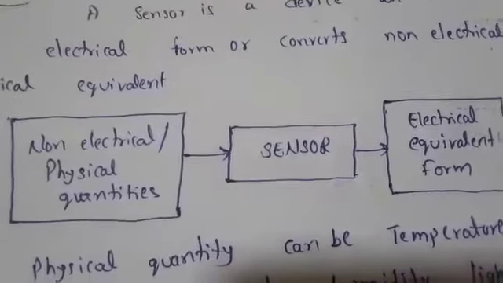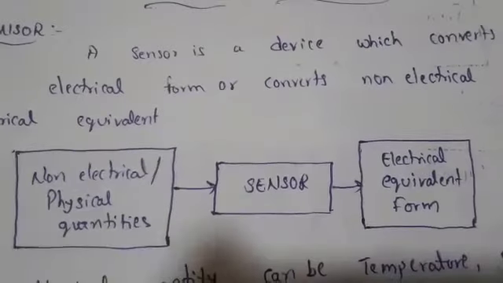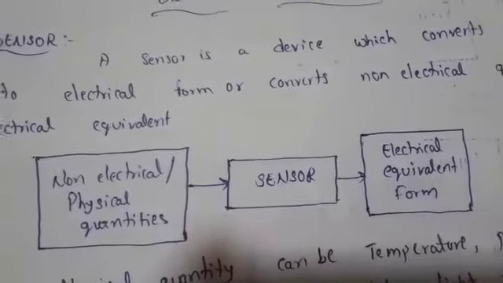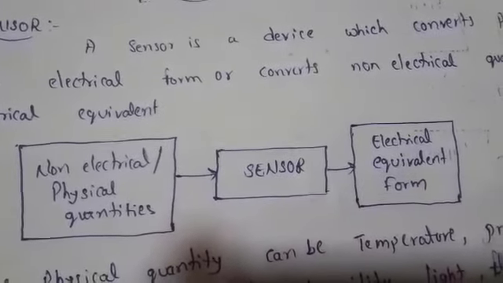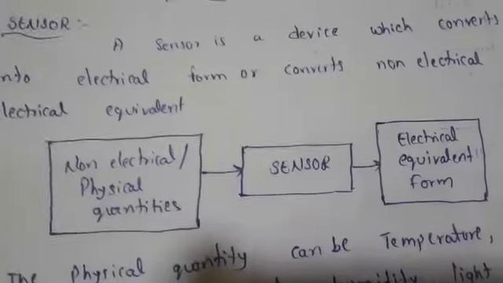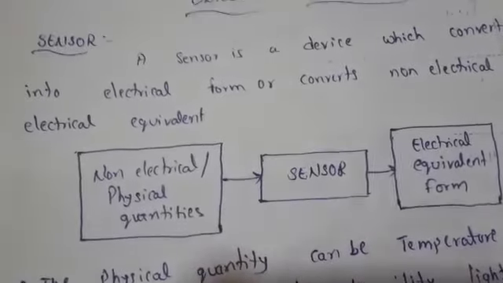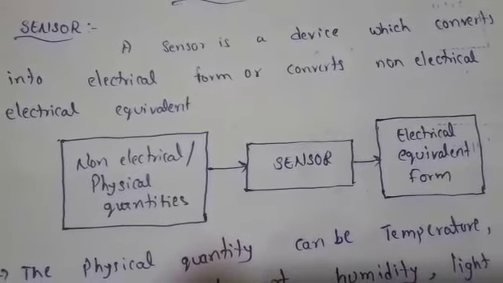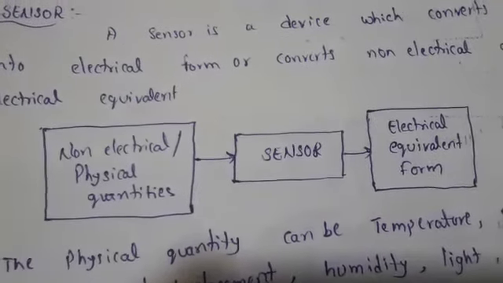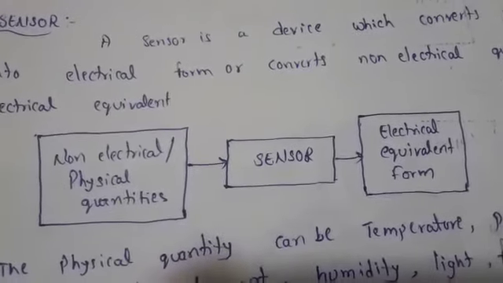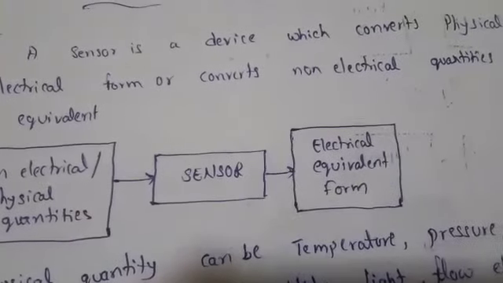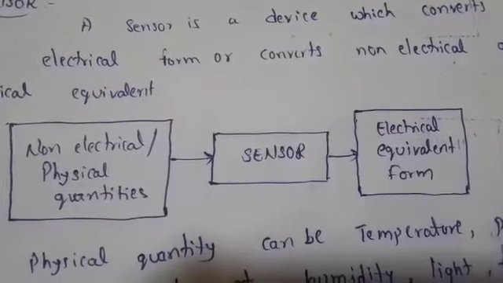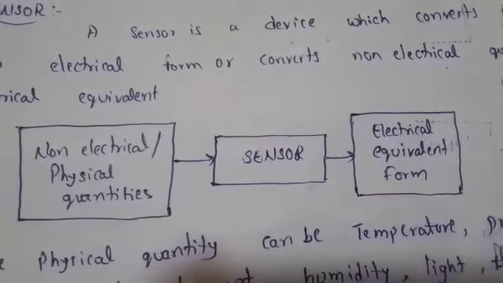That is called a sensor, where the physical quantity can be temperature, pressure, force, motion and displacement, humidity, light, flow, etc. These physical quantities can be converted into electrical form, that is change in resistance, inductance, capacitance, etc. Those are again converted into voltage or current signals within a specified range by the sensors for measurement purposes.